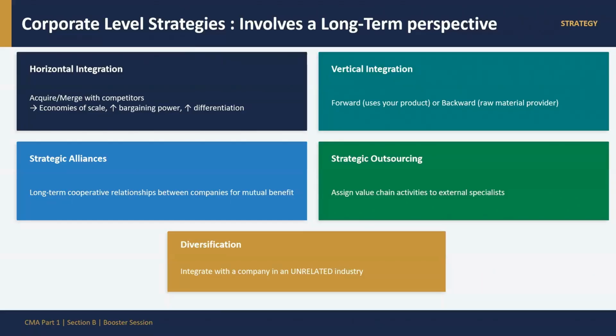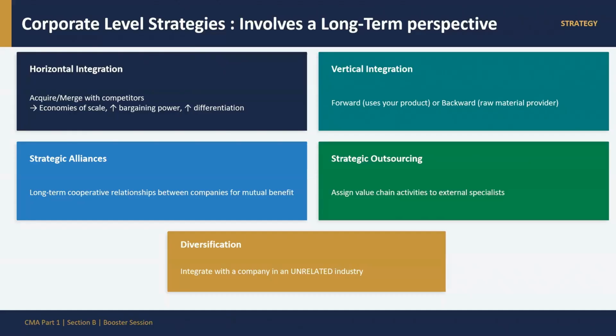Now assume that we are manufacturers. If we integrate with our raw material provider, so we are moving backwards, isn't it? We are now in the second step, that is manufacturing stage. We are moving back to the first step, that is raw material provider. Now as we are merging backwards with our raw material supplier, it's called backward integration.